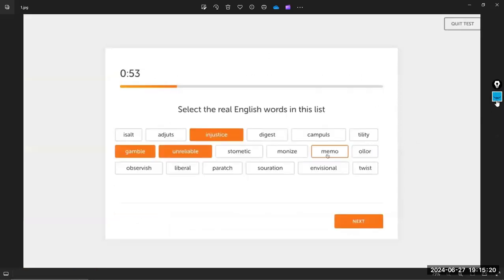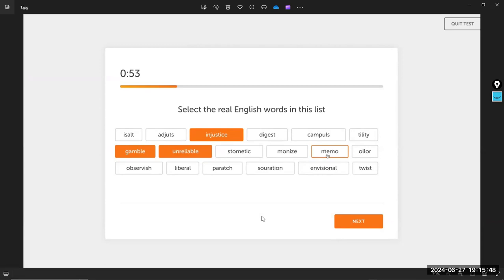Let's imagine that now I selected these 3 words. I have to click next. Another picture, another page about new words is going to be shown on the screen. You have to select the words, then you press next. Then another new picture with new words is going to be shown on your screen to select.